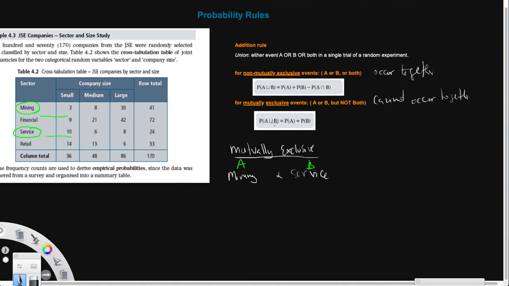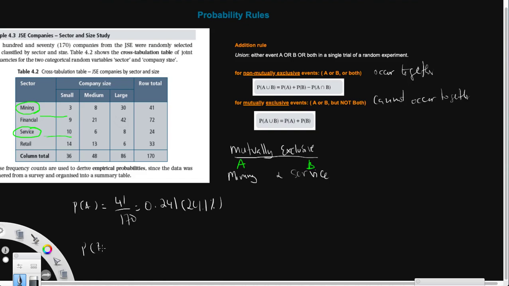So following that formula, what we are going to do, I'm going to work out the P of A, which is mining. I'll take the total, which is 41, divided by 170. Then I have 0.241, which is 24.1%.